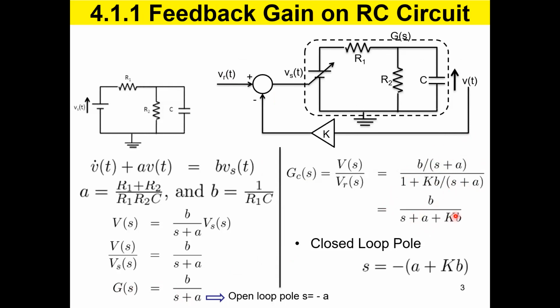It's also a single pole case, first order plant, but it is a different plant, right? So s equals minus (A plus KB) is the pole. It was minus A earlier. Now with K, it's going to change. Clear?